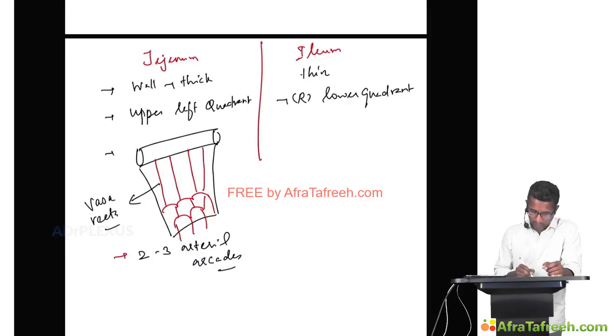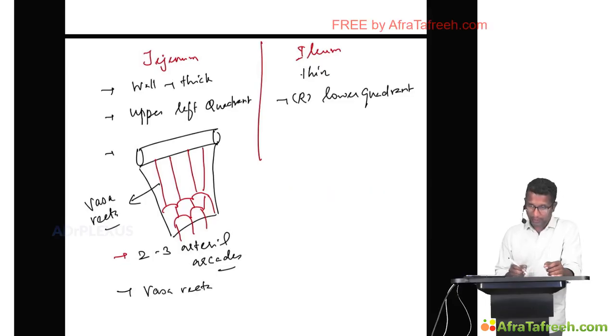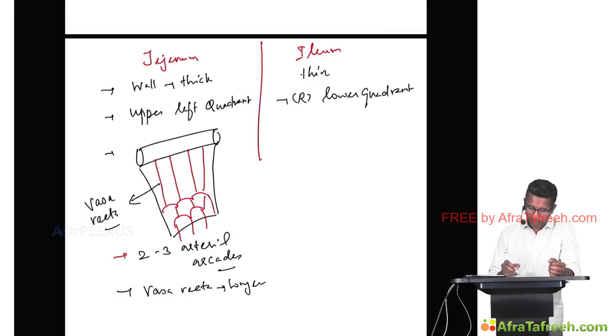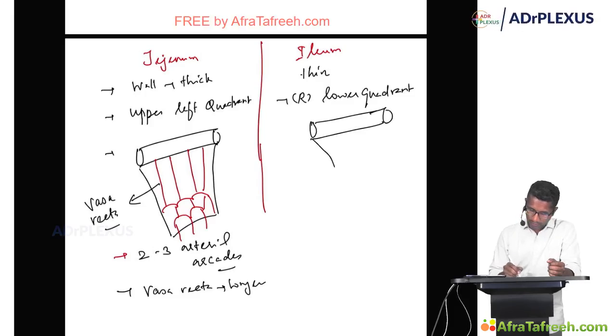Here the vasa recta are longer. Recta means straight, vasa means vessel. So these vasa recta are longer in the jejunum. But when you come to this area, let us consider this is the ileum again, and this is the mesentery.